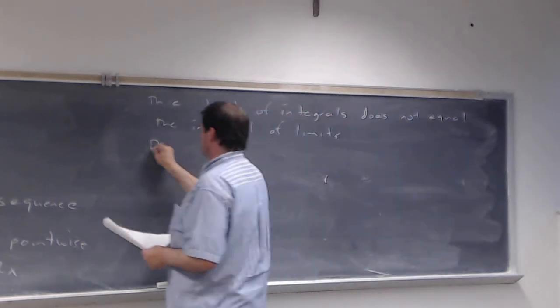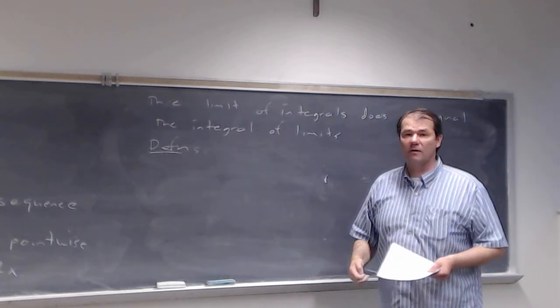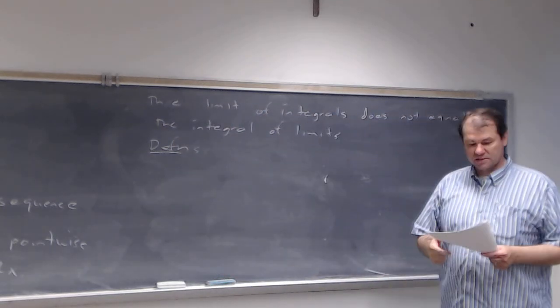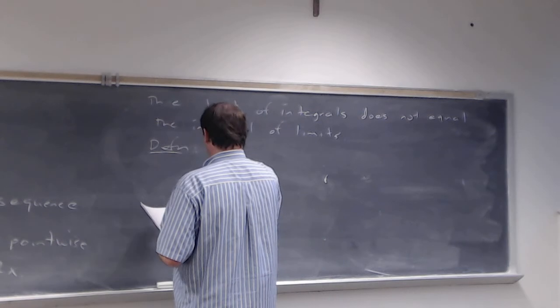Here's the definition. Pointwise convergence, it turns out, is not strong enough to preserve a lot of the qualities that we want. But here's a definition that might be strong enough.